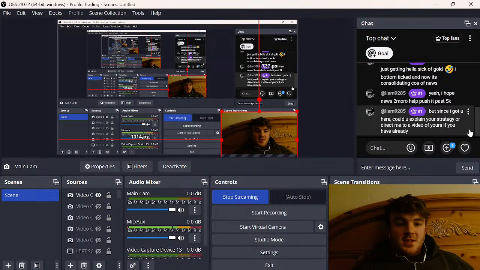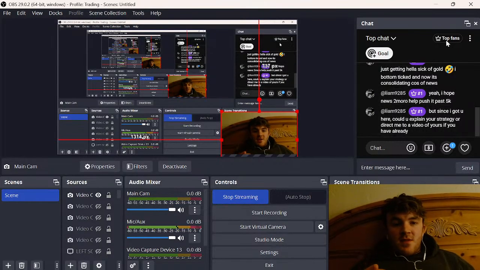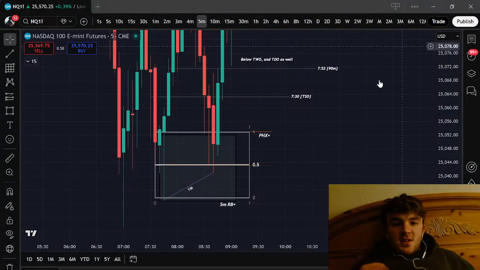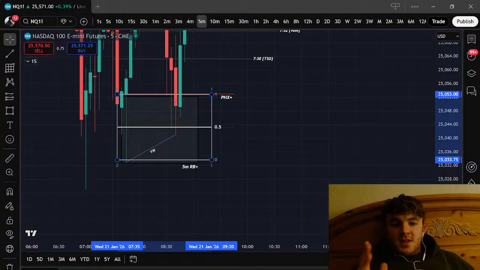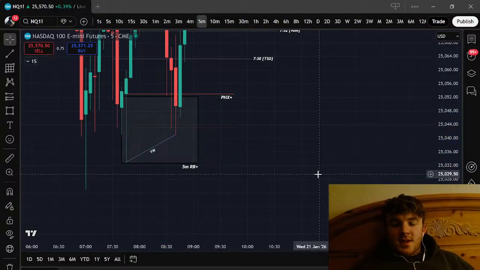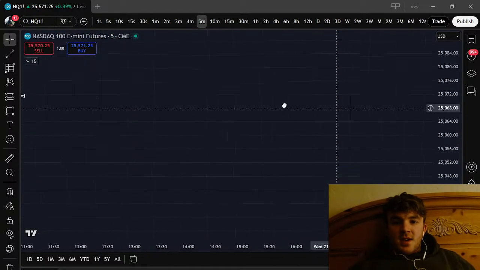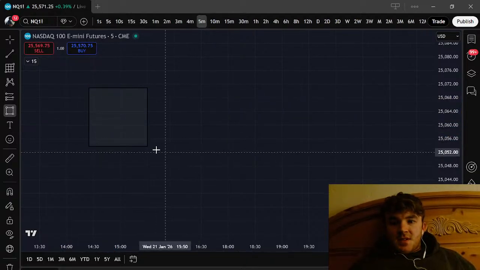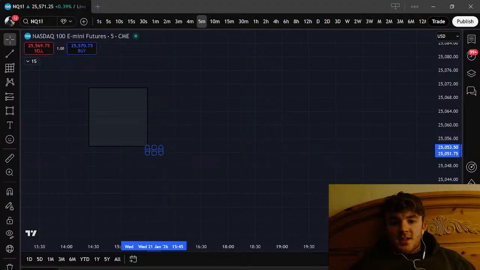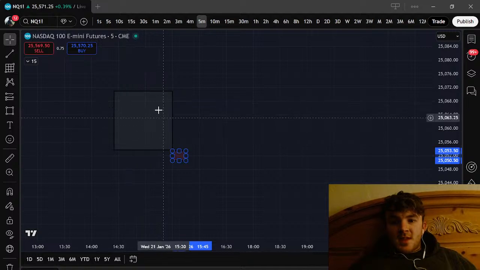Since I got you here, could you explain your strategy or direct me to a video of yours if you have already? Yeah, so I trade a whole bunch of different models within the same framing or the same idea. Everything in the market from my back testing revolves around the market moving in 3 phases, generating stop losses, aka accumulating.